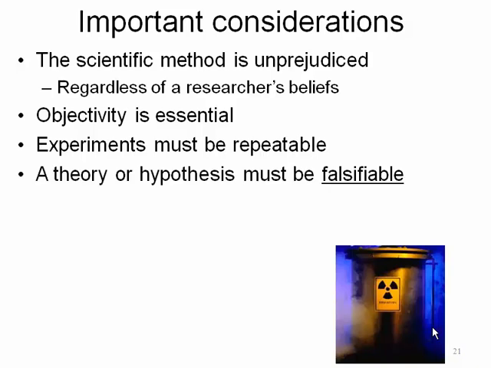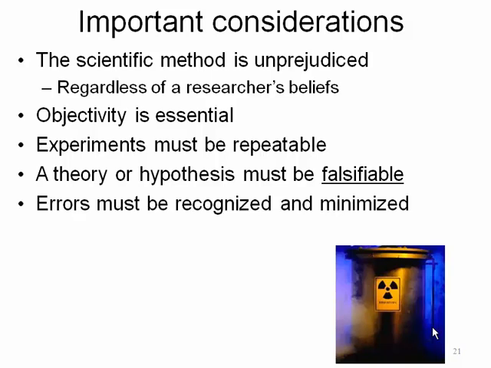A key component, as we noted earlier, is that the theory or a hypothesis must itself be falsifiable, meaning that there must be a condition where the hypothesis proves false. Errors that occur through the application of the experimental method or the instruments that are used must be recognized, minimized, and nowadays are pretty much quantified in terms of how much error results from how you do the experiment.